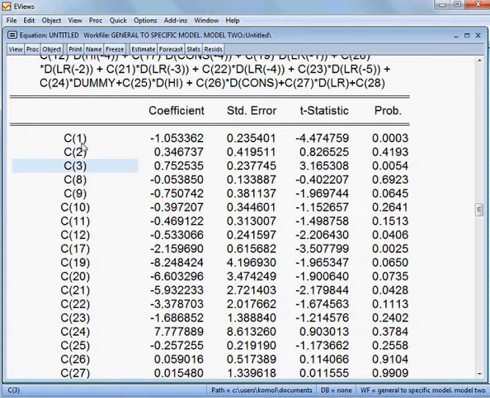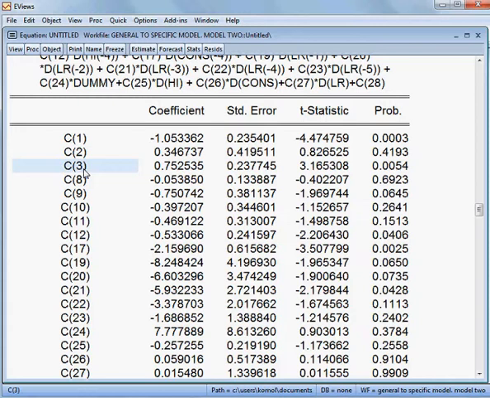Out of three, if two follow the standard guideline, then we can accept the model.